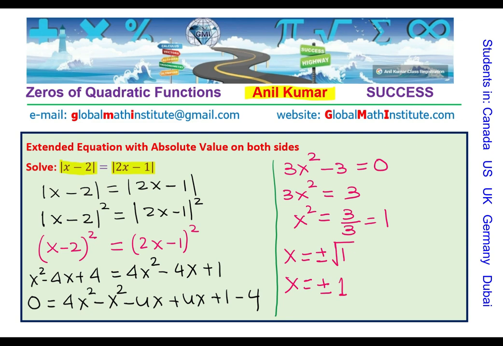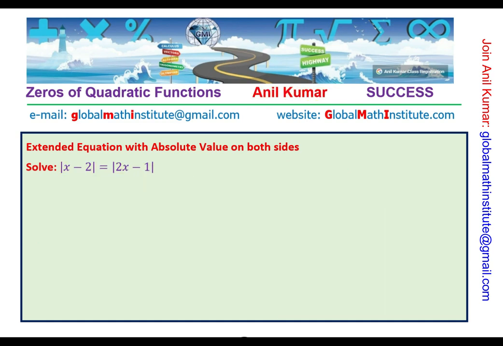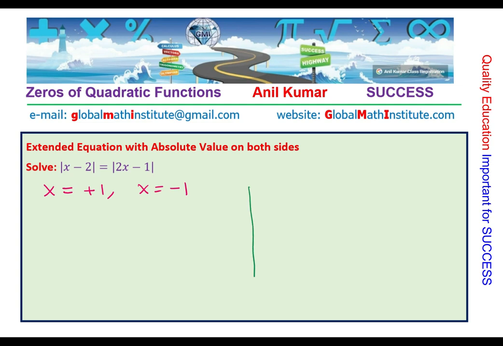Correct? Now, in any absolute value function, it is very important to check our answers, right? So let's go to the next page and just check it. Okay. So we have two solutions. x is plus 1 or x is equal to minus 1. Let's substitute plus 1 first on both sides.